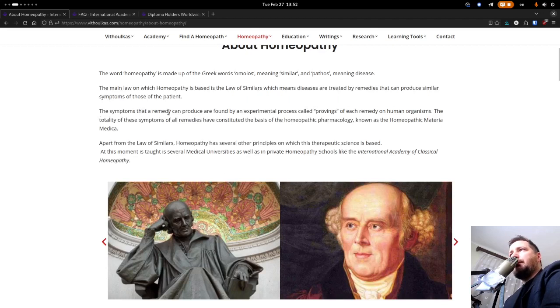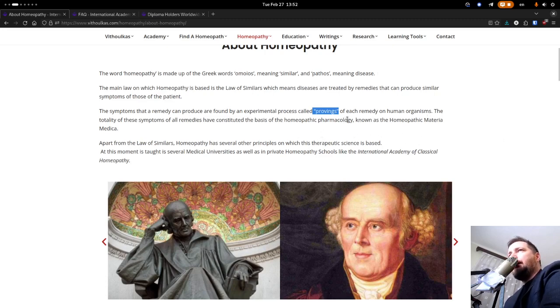The symptoms that a remedy can produce are found by an experimental process called provings. So you need to test any new remedy on a healthy person to see what kind of symptoms they cause. These are recorded, and then later when you have a patient in front of you, you can look that up and then choose the remedy based on the extensive testing.